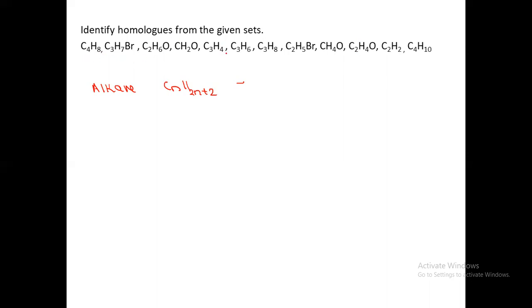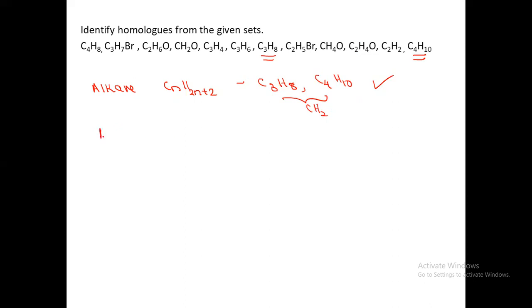You can see C3H8 and C4H10 obey it. These two have 3 carbons and 4 carbons, the difference is CH2. They both belong to the alkane family, so they are a homologous series.